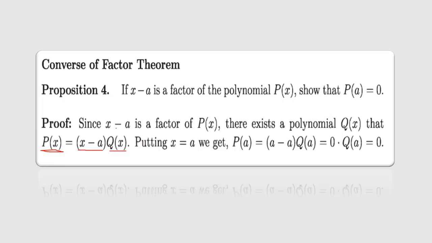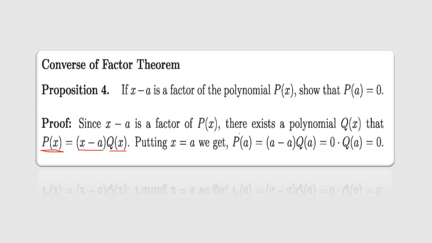But here x minus a is a factor, so the divisor can divide p of x, so the remainder is 0.